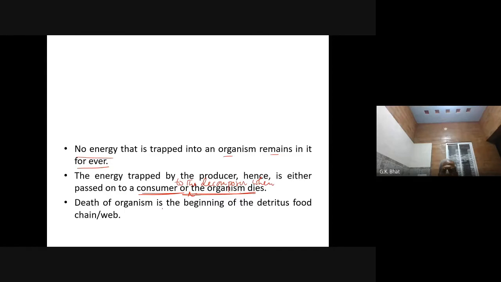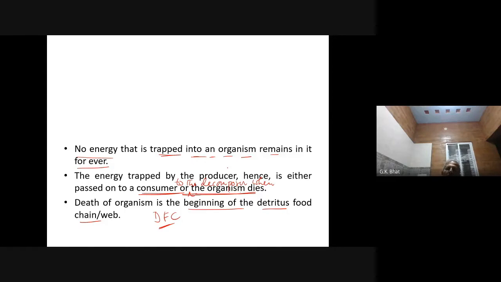Death of the organism is the beginning of the detritus food chain. It is called the detritus food chain, DFC. Pratik, it won't get trapped in our body. Blessy, it won't get trapped in our body. When we die, energy passes on to decomposers.